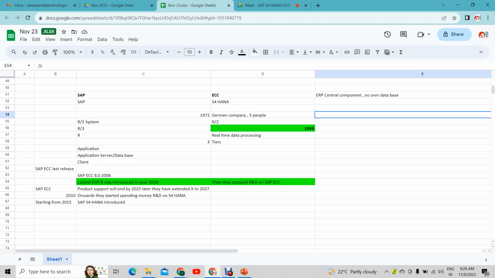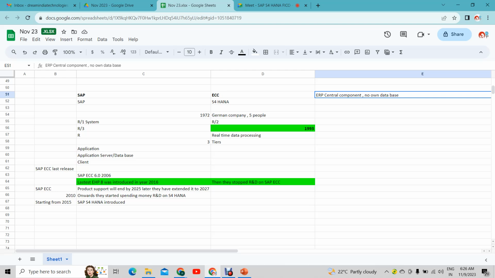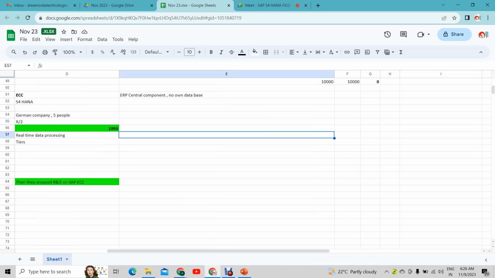You just see here, ERP is a central component, just the name, and no own database. This is a big thing in SAP ECC. Let's see how the licensing model in SAP ECC was. Let's say a client, MRF, wants to buy an SAP ECC application.